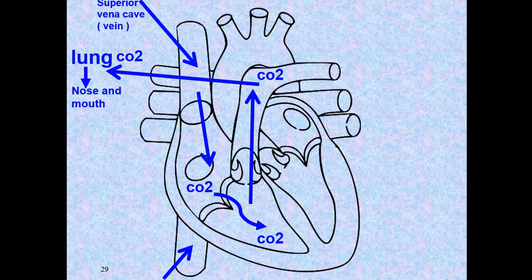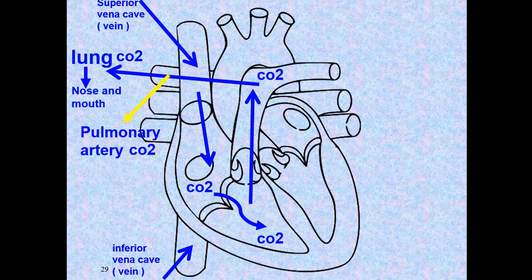This is the superior vena cava, the inferior vena cava, and this is the pulmonary artery, which contains carbon dioxide blood. And this happens where? In the right side of the heart, right atrium, right ventricle.